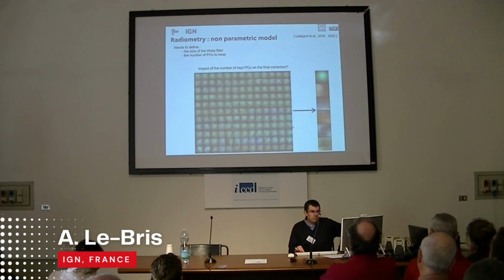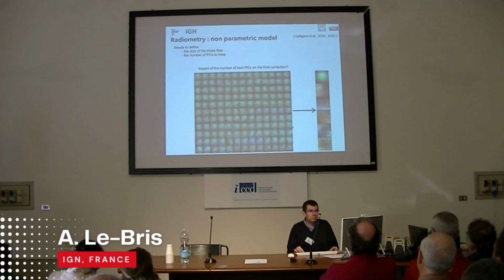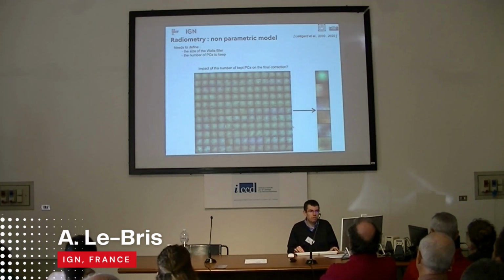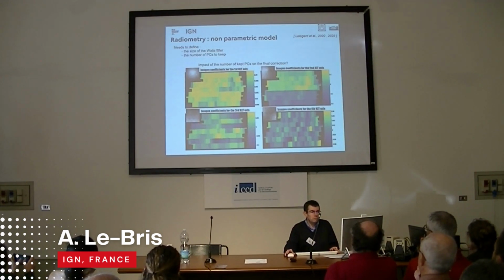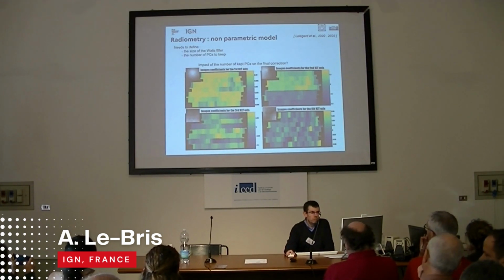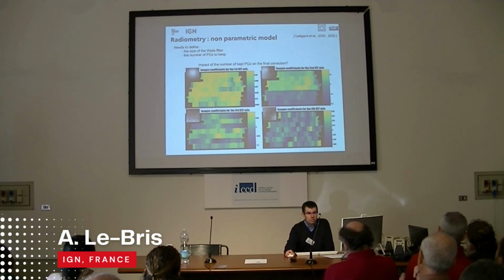And we also have to study the impact of the number of principal components that will be kept for the final correction. So here we have examples of the different principal components from the PCA decomposition of the proposed correction grid. Here we can see that the first component is related to the hotspot. Here we have something related to the fact that this block was in fact made of two different acquisitions at two dates.